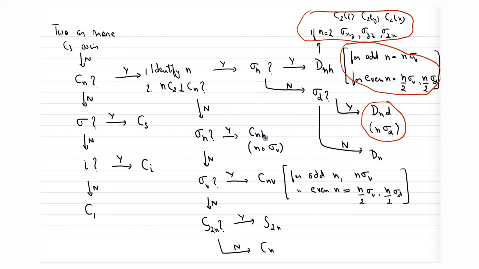So that's very easy, and it should be simple and straightforward. Now let's start practicing. Pick up different molecules, start asking these questions, and see if you can arrive at different point groups. Okay, so I think that's all for today.